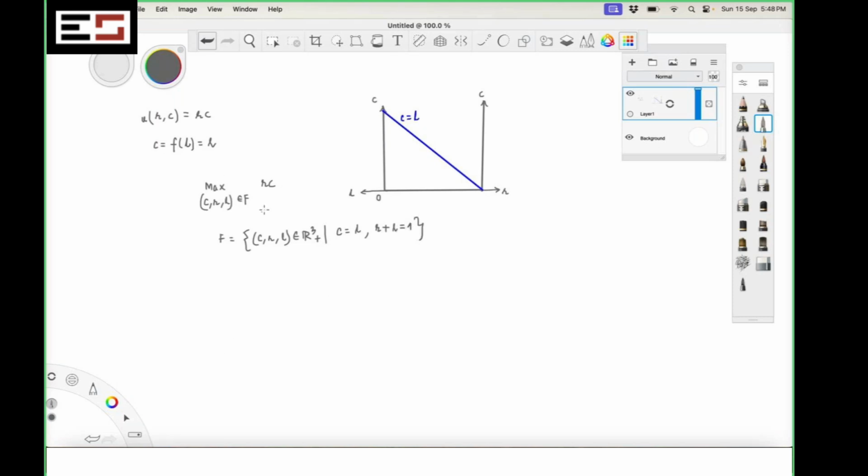So notice that this particular problem can be reduced to a problem like this: maximize over R, C belonging to R2 plus. C can be written as 1 minus R. So C plus R equals 1, right? I can write this as C plus R equals 1, constraint.